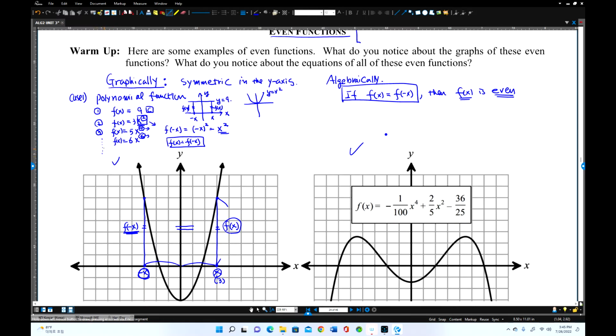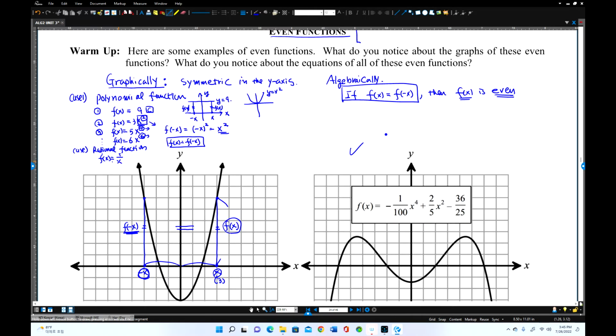The next one is case 2. If we have rational equations or rational functions, suppose you have f of x equals 1 over x. That is not a polynomial function, this is a rational function.